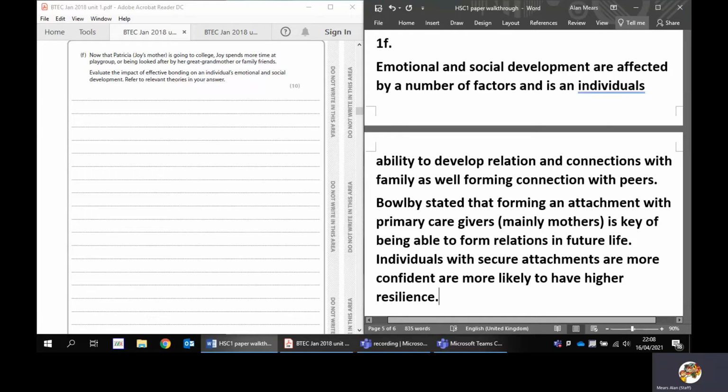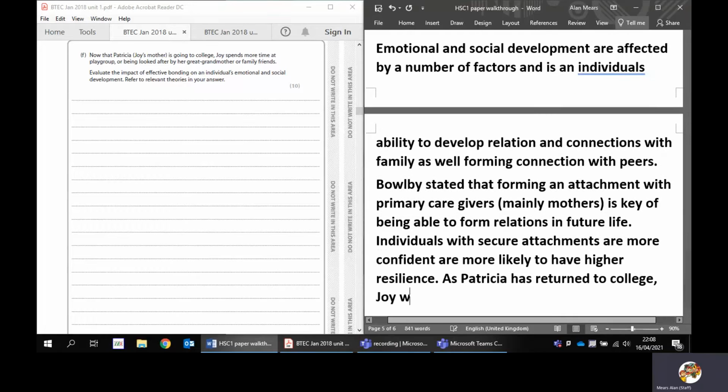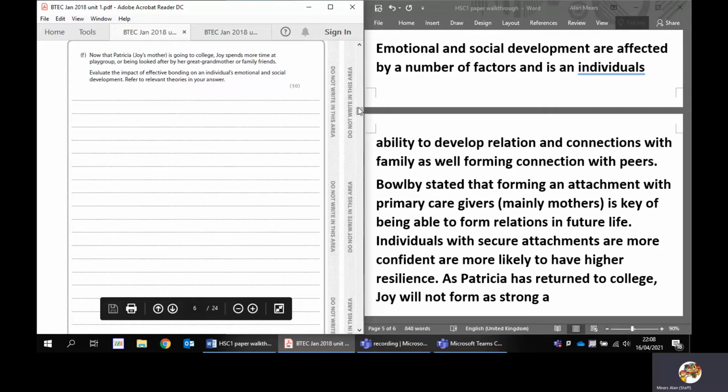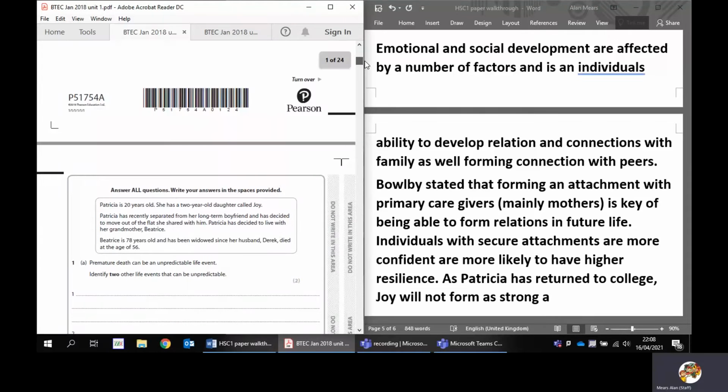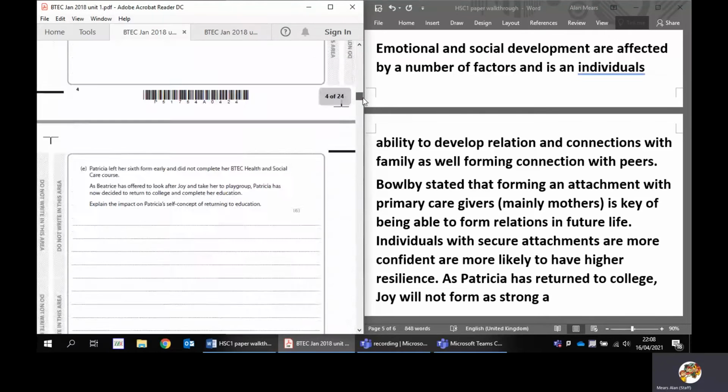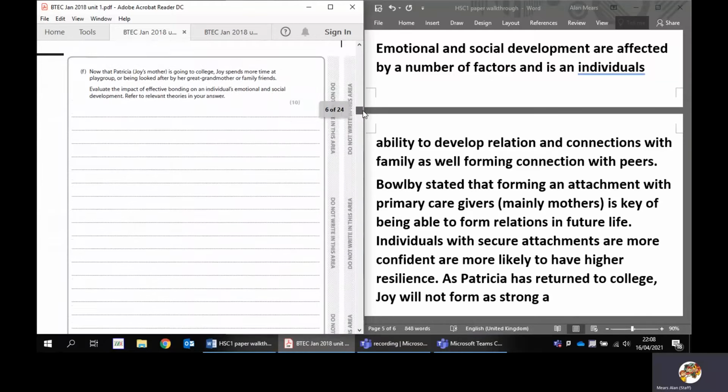Now, what we need to do is link this back to the question. We're thinking about Joy, the little girl. So it could be that as Patricia has returned to college, Joy will not form as strong a bond. Now I want to double check, because obviously the age is really important. So Joy is 2. Yes. I'm going to evaluate this well.